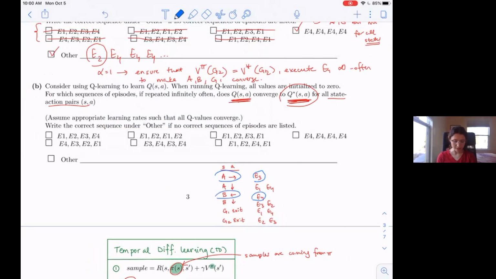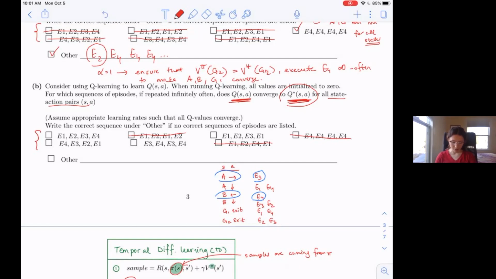So we can already look at these sequences of episodes that were proposed here and eliminate any of those that do not contain E3 or E4. So that means that we can get rid of this one. It only contains E1 and E2. This one, it only contains E4. And this one contains only E4, but not E3.